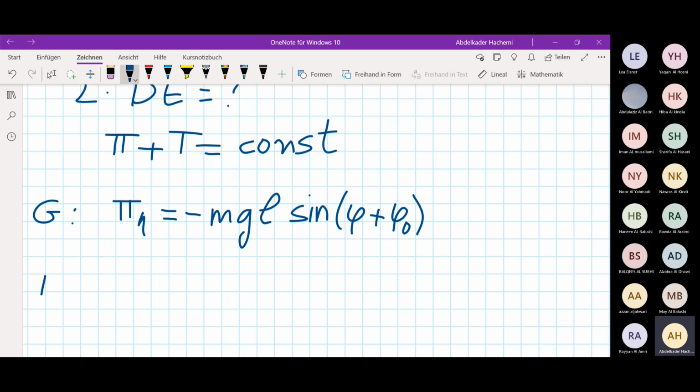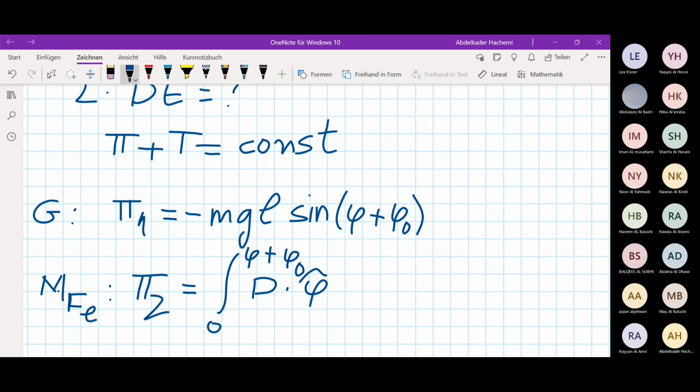Okay, this is for the work due to the watch spring. Here I write P2. This will be equal to the integral from 0 to phi plus phi 0 of d multiplied by d phi, not dot, d phi delta.